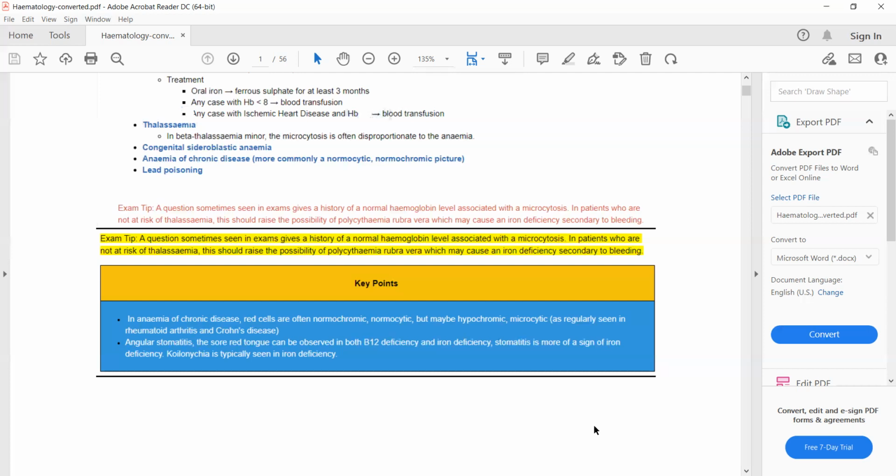While on the other hand, all the other chronic diseases such as end-stage renal disease cause a normocytic and normochromic anemia.